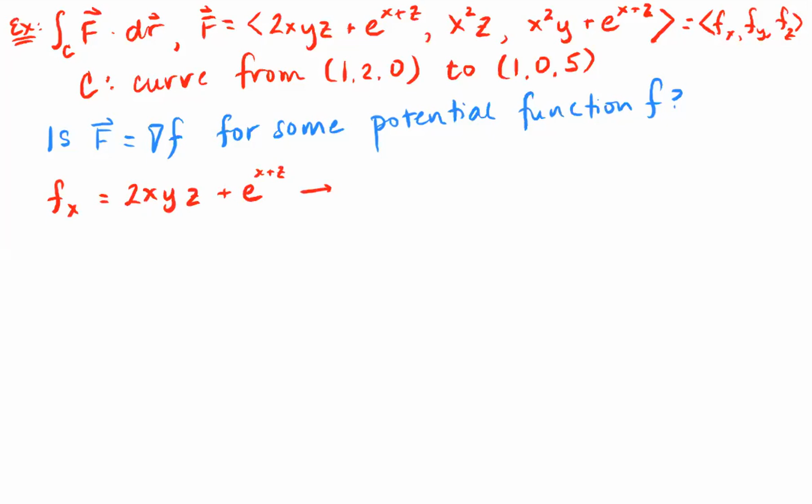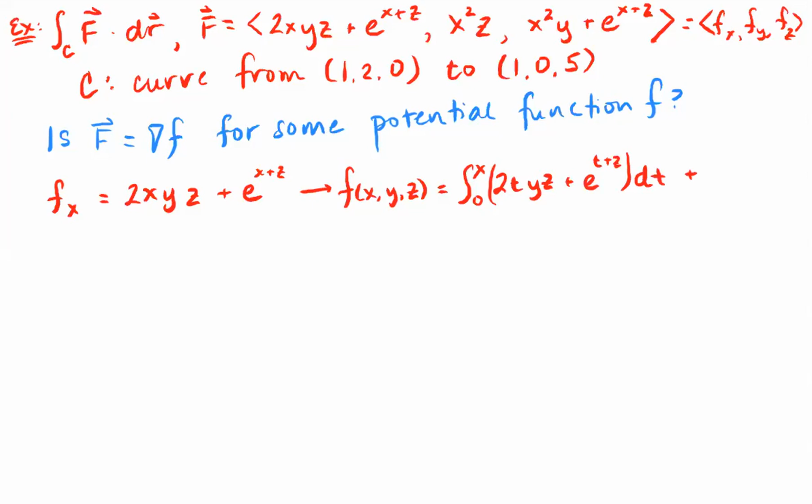So that means that f of x, y, z must be the integral from 0 to x of 2tyz + e^t + z dt plus, well, what goes here?